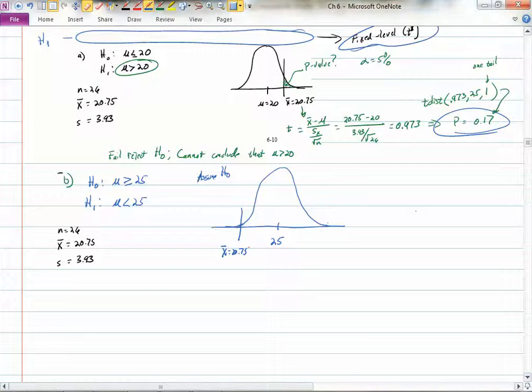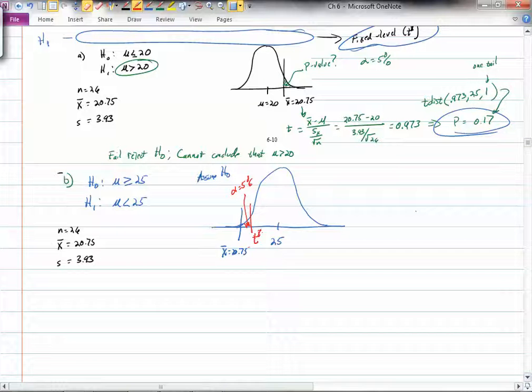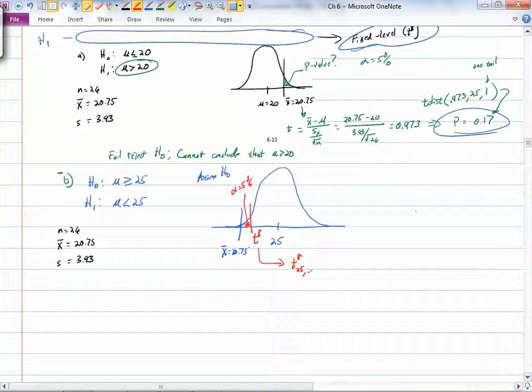But now what we're going to do is start with alpha and get a t star. So in the fixed level, we said, well, if alpha is 5%, I can get a t star value right there, which is what? So t star with 25 degrees of freedom, 0.05. Anyone get something for me there?